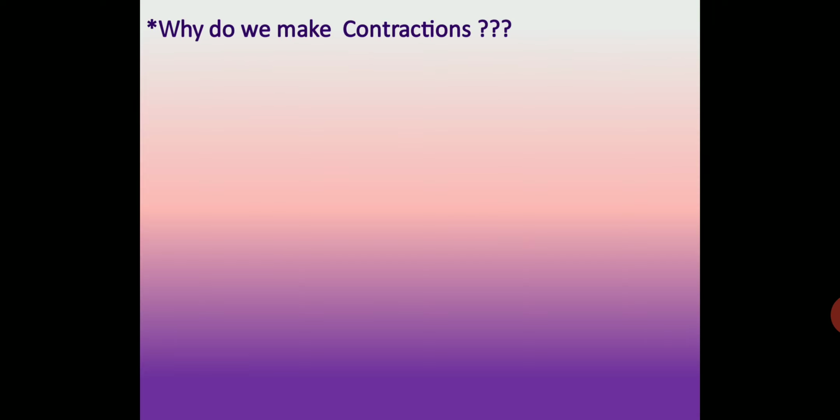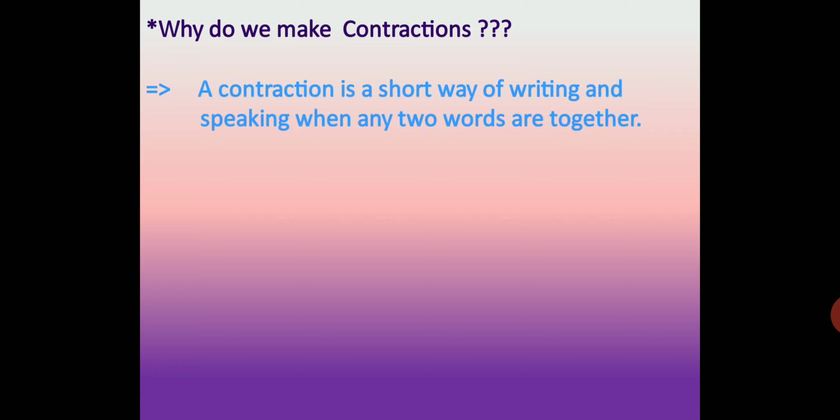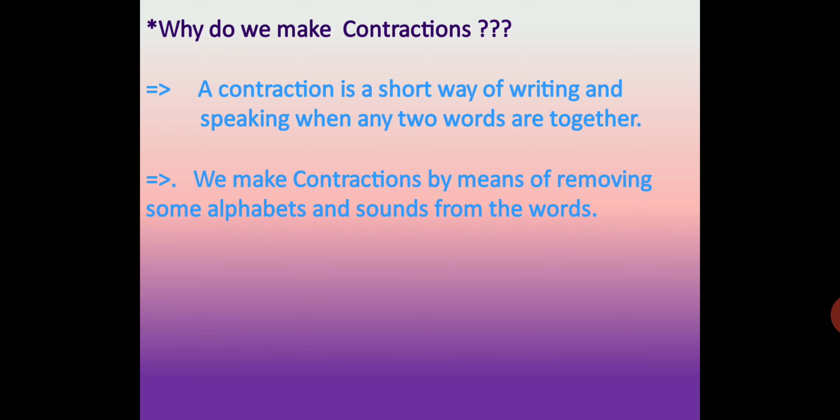Now you have a question. Why do we need to make contractions? Let's see. A contraction is a short way of writing and speaking when any two words are together. We make a contraction by removing some alphabets and sounds from the words.